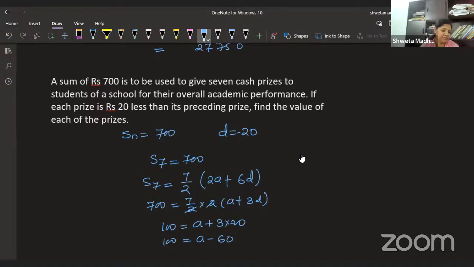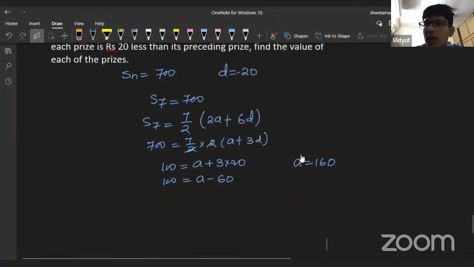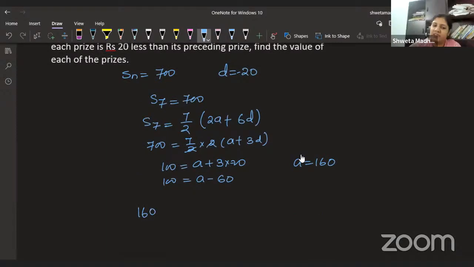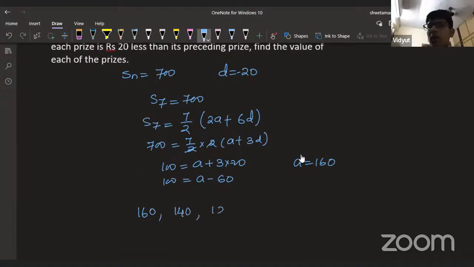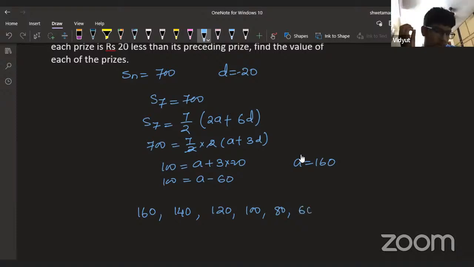So the first prize is 160, then the second prize is 140, the third is 120, the fourth is 100, then 80, 60, and 40 is the last.